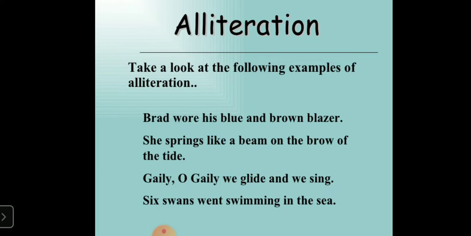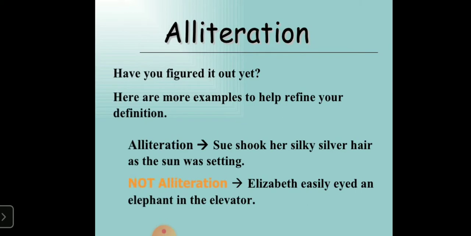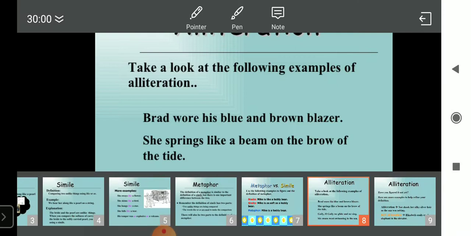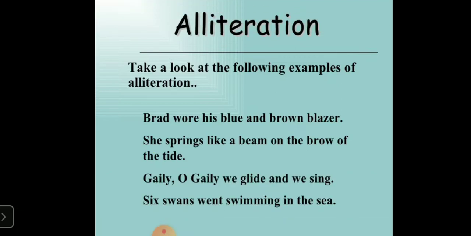So, what are these? Here, Brad wore his blue and brown blazer, right? So the B sound was repeated. And here, she sprints like a beam on the brow of the tide.